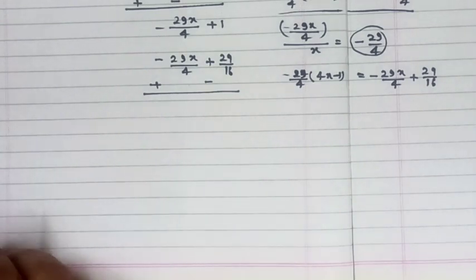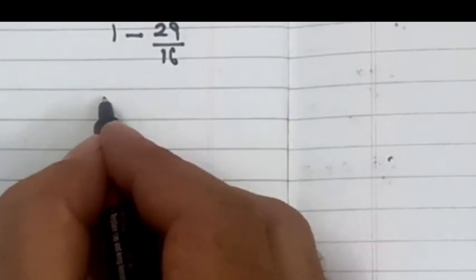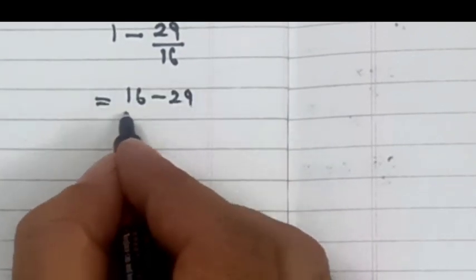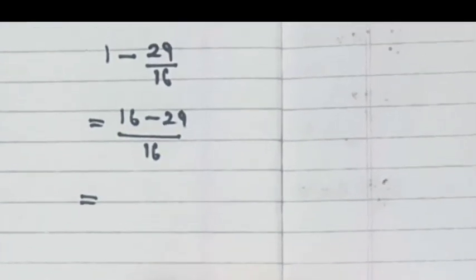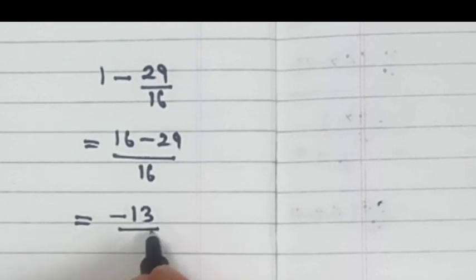Once again I have to subtract 29 upon 16 from 1. So let's see how we can do. So 1 minus 29 upon 16, cross multiply. Here 16 minus 29 upon 16, which will give you minus 13 upon 16.